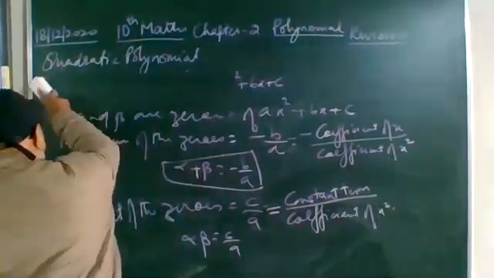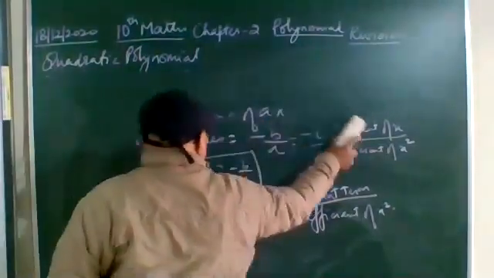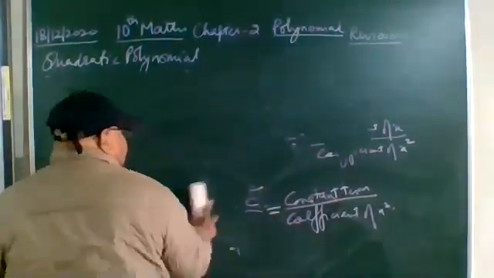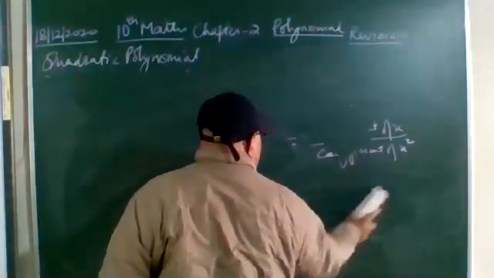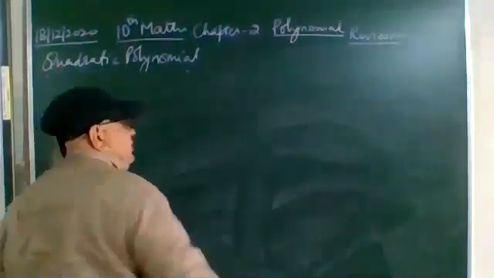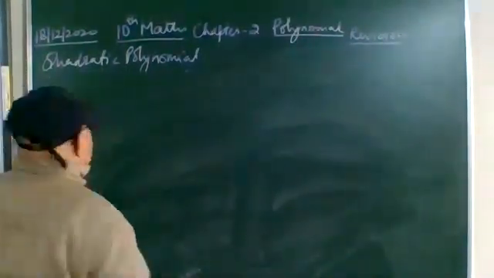After that, a quadratic polynomial can be formed using the standard form. How can the quadratic polynomial be formed? A quadratic polynomial can be formed by two methods.